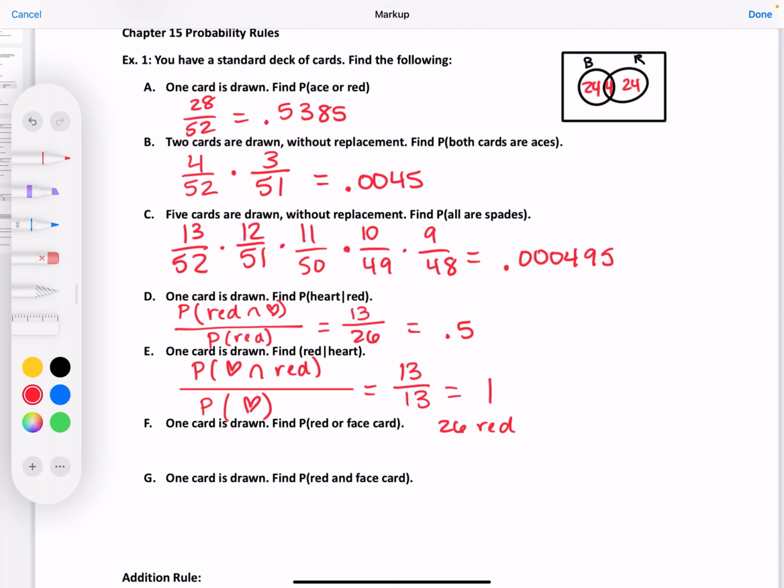But if we've already accounted for the red face cards in the total red, 6, yeah, so then there would be 6 of the Jack, Queen, King. So we just add those two together. So that ends up just being 26 plus 6 out of 52, which ends up being 0.615.